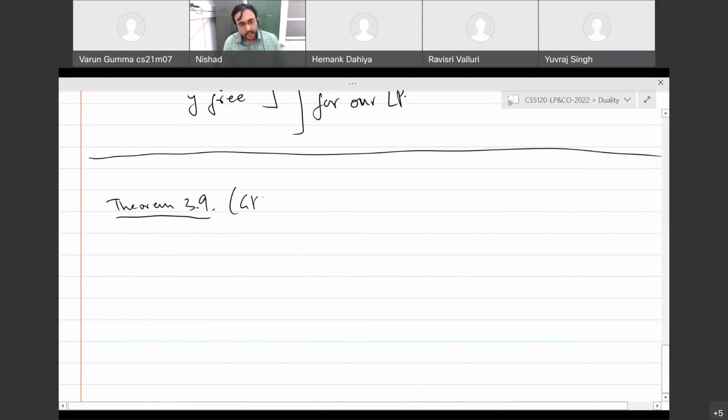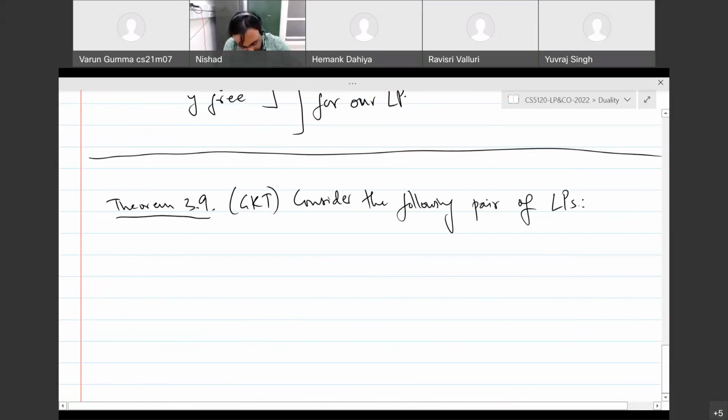Consider the following pair of LPs. The first LP is maximize C transpose X subject to AX equals B and X is non-negative.